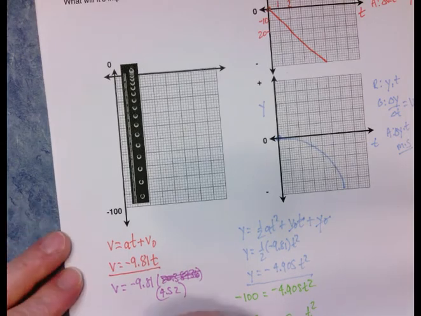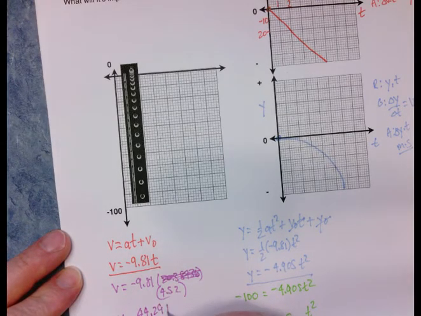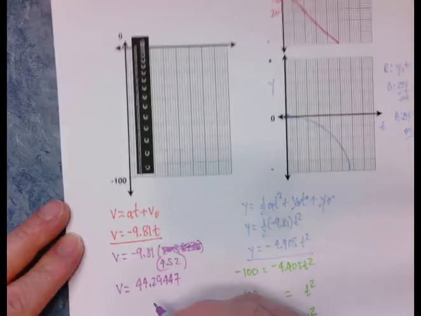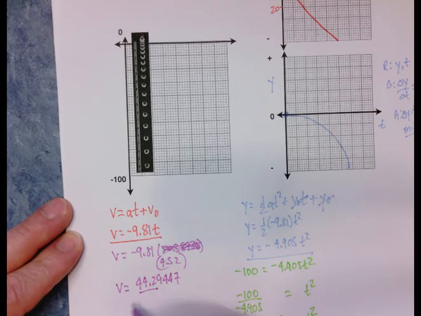Which gives us a velocity of 44.29447. So again, we're relegated to 3 significant digits. That's these 3. So the velocity then is 44.3 meters per second.